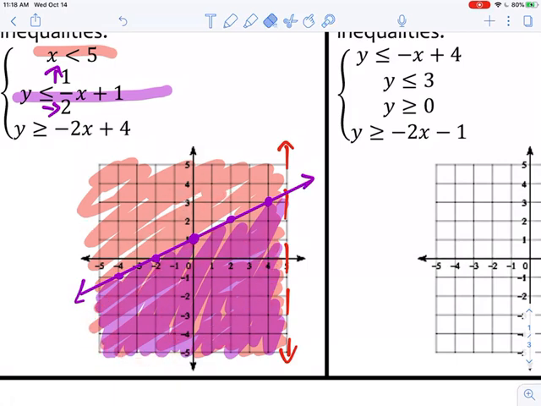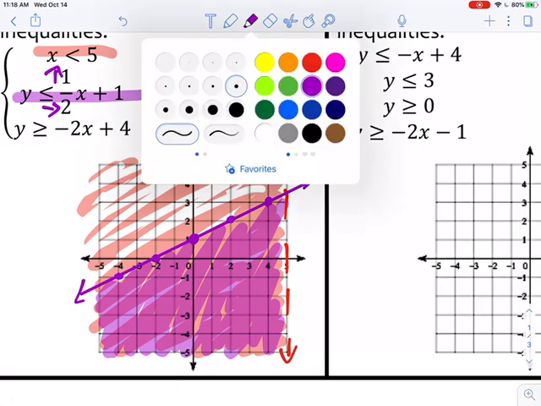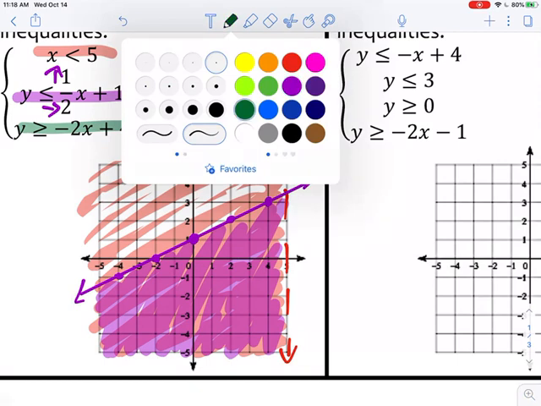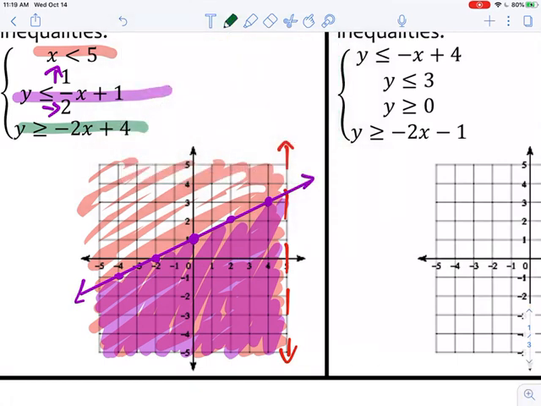This now doesn't matter. Kind of ignore that a little bit. And let's jump to our next one. Let's do it in green. All right, starting at 4. Now we're going to go down 2 because it's negative and right 1. So down 2, right 1, down 2, right 1, down 2, right 1.